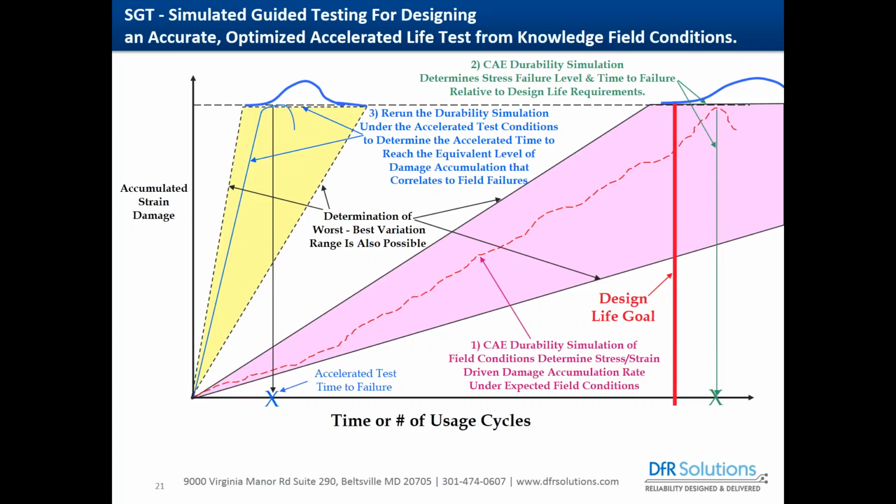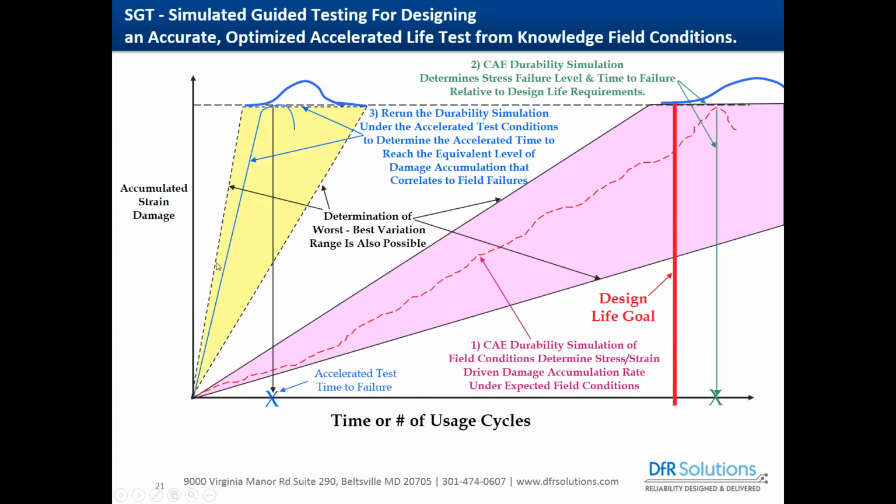There's some folks who have tried to work with that, but mostly people are just looking at and using the mean component design and build metrics and using that to determine a mean time to field failure, damage accumulation.